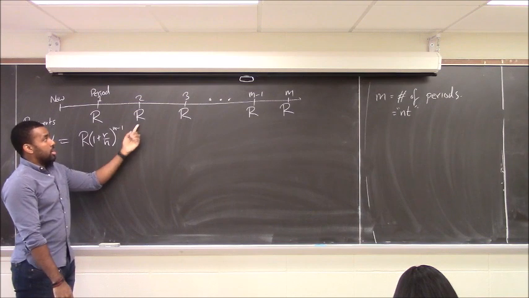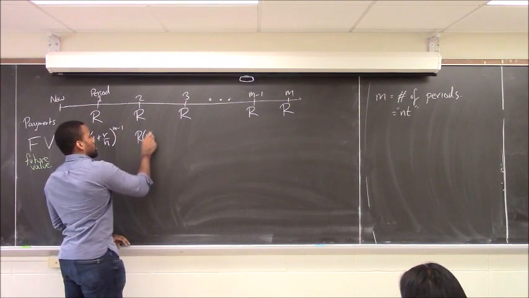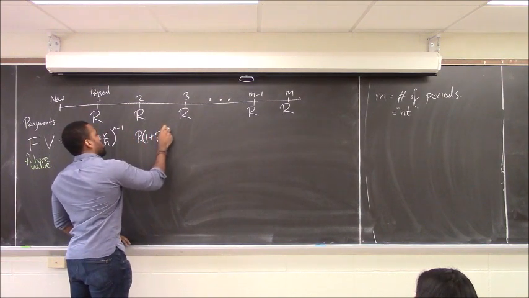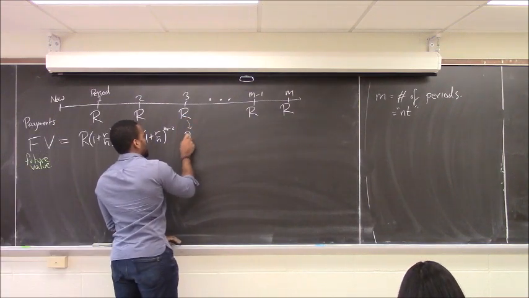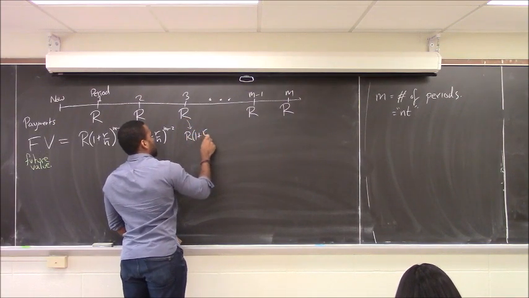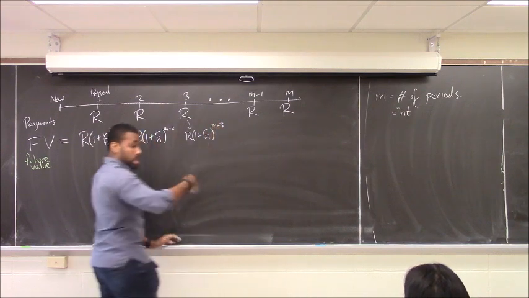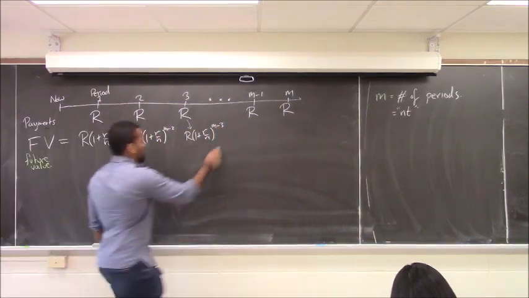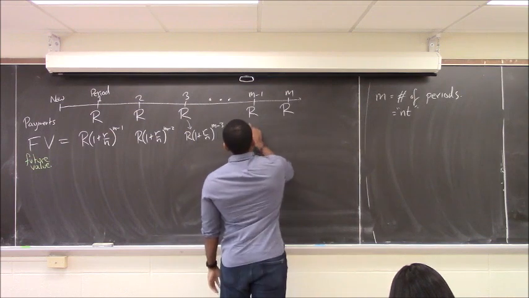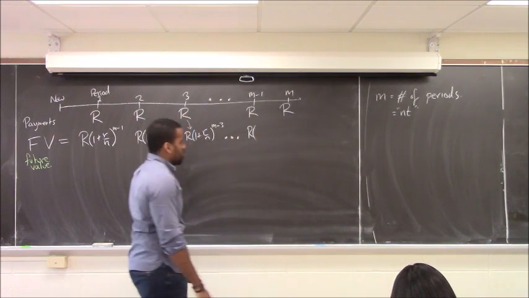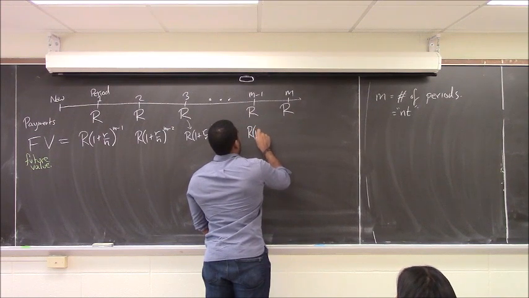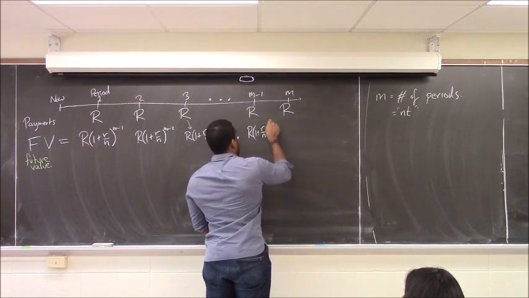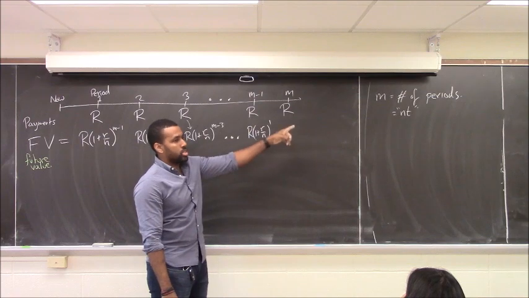Similarly, this one is going to be hit with interest m minus 2 times. This one is going to be hit with interest m minus 3 times, and so on and so forth. And this is going to continue. This one is going to be hit with interest literally 1 time because he gets hit with interest at the end.